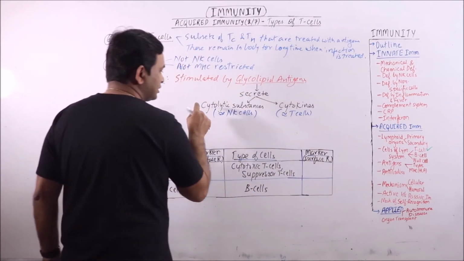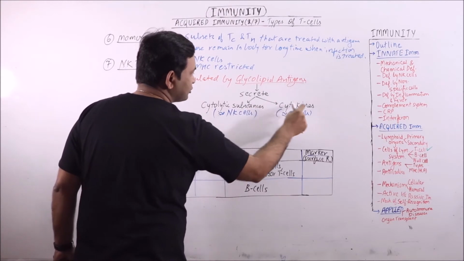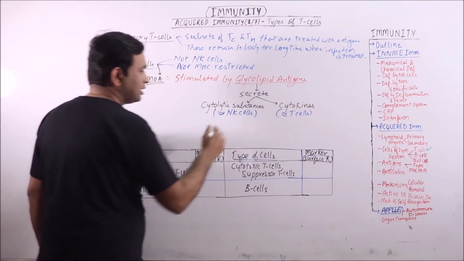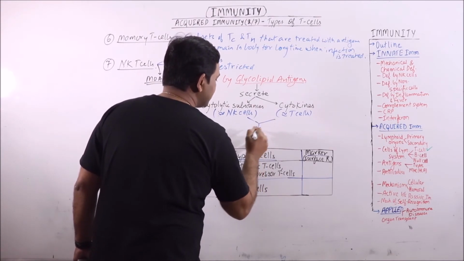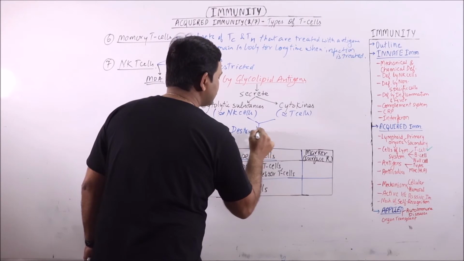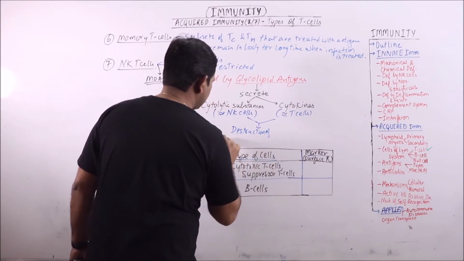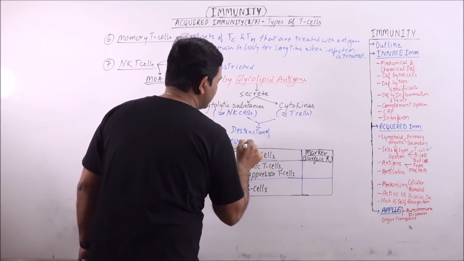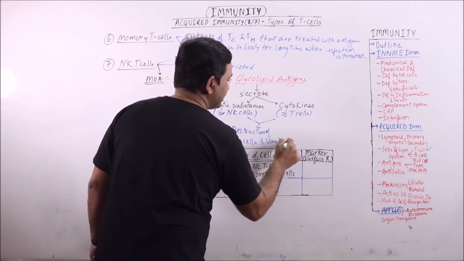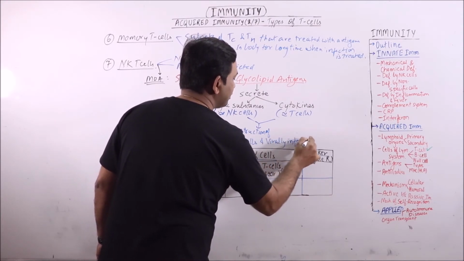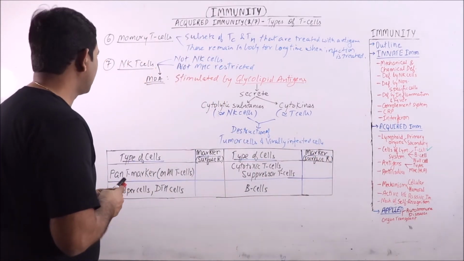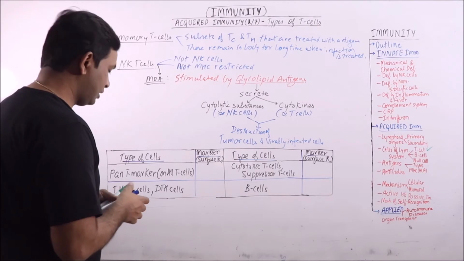So, because it is releasing both cytolytic substance as well as cytokines, it is termed as NK T cells, and these secretions will result in destruction of tumor cells and virally infected cells like herpes. So these are NK T cells.